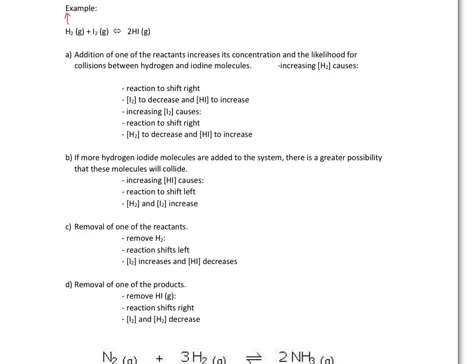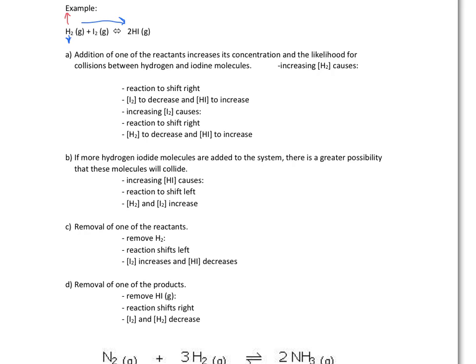If the concentration of hydrogen has been increased, it will shift in order to decrease the concentration of hydrogen. In order to decrease the concentration, the system must shift to use it up. In order to use up the hydrogen, the system therefore must shift to the right or towards the products in order to cause the concentration of the hydrogen to go back down.